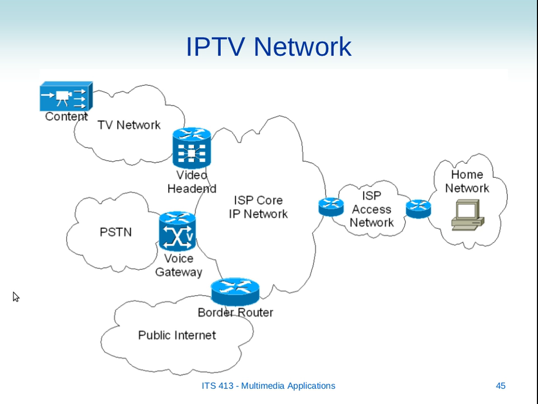The problem would be if we're watching TV, but some other users on other access networks are downloading files, making voice calls, then all of the content are just IP packets on this network. IP packets for voice, IP packets for video, IP packets for accessing websites. Without quality of service control, all those IP packets get the same treatment.